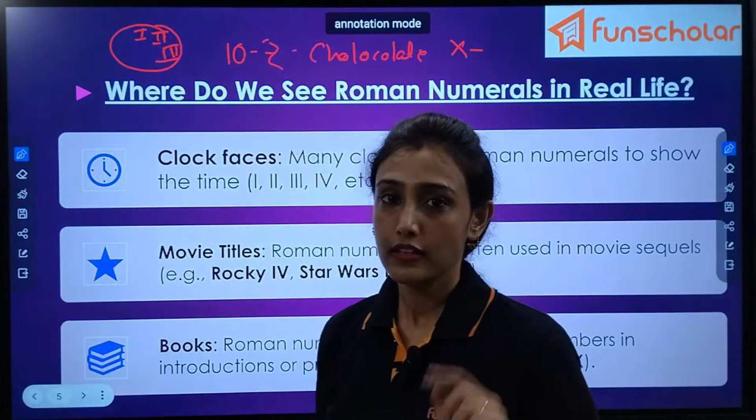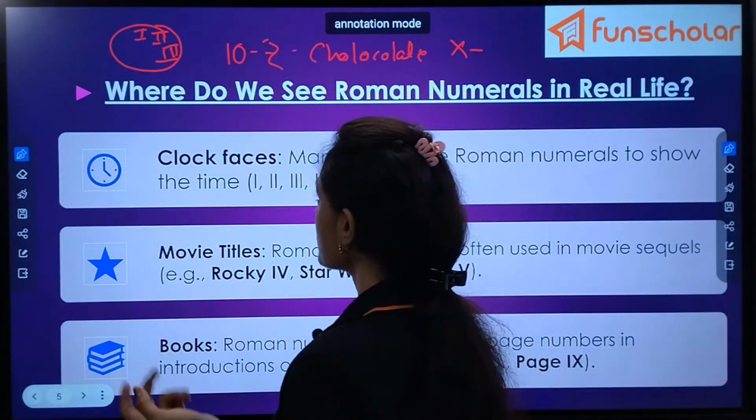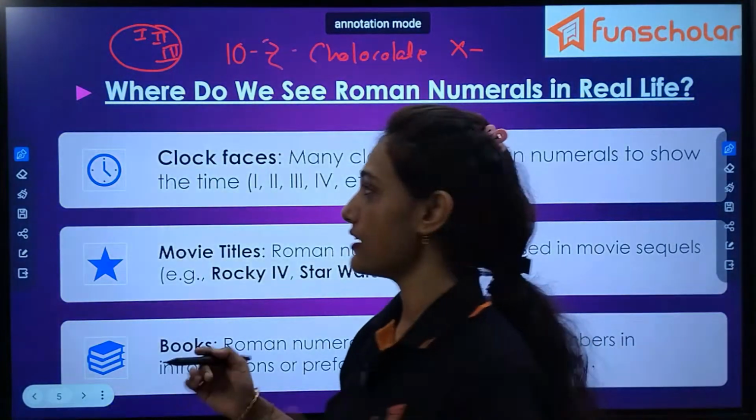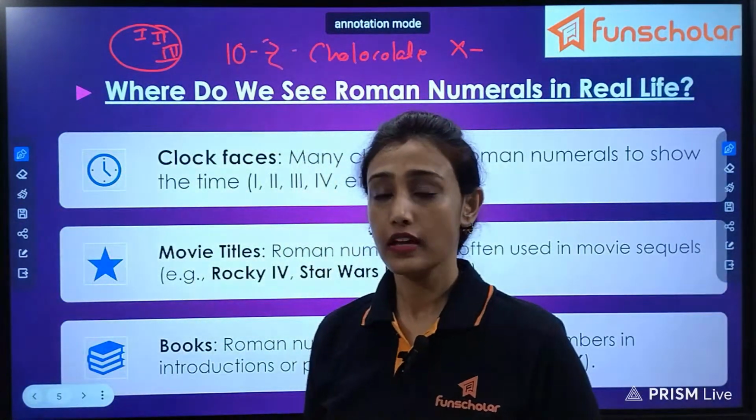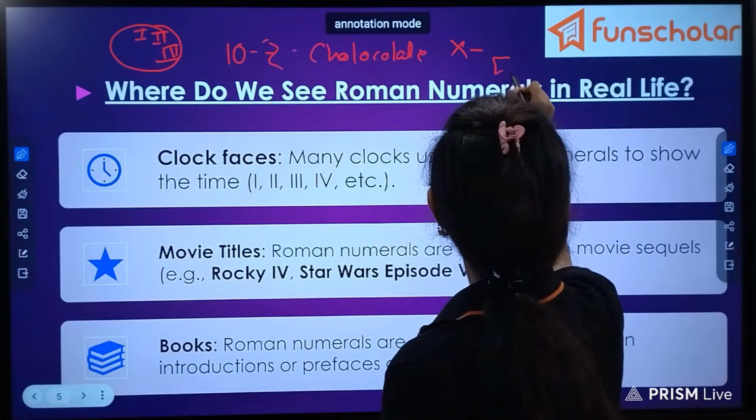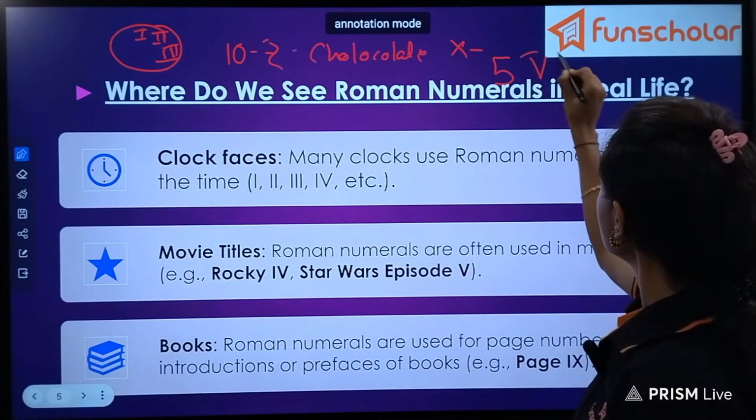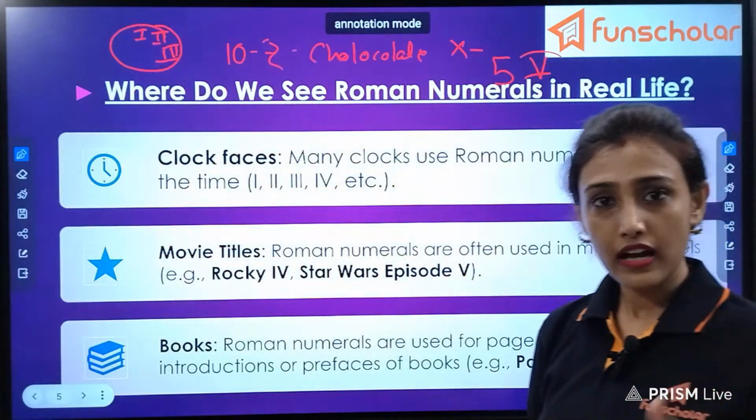In your copy, you can see your mom or someone else or you yourself, if you are reading in class 5, you don't write 5. Instead, you write V. So, correct.